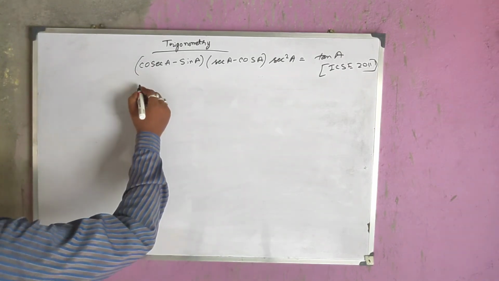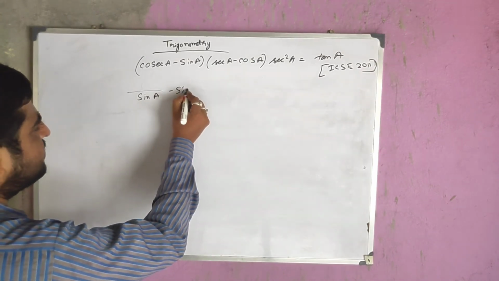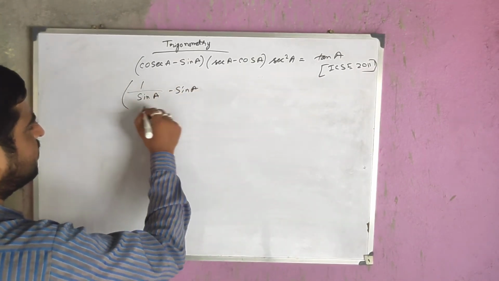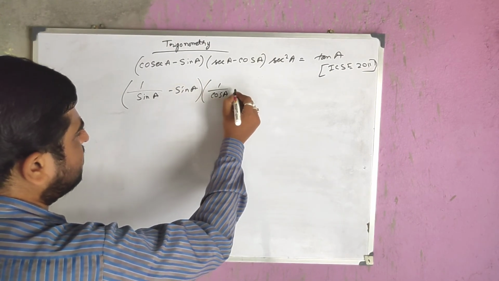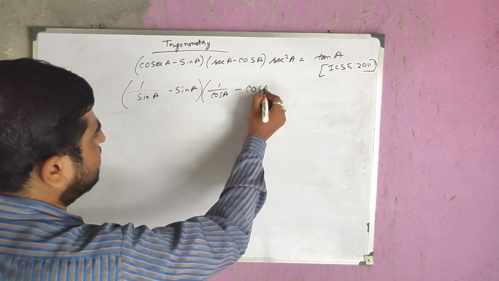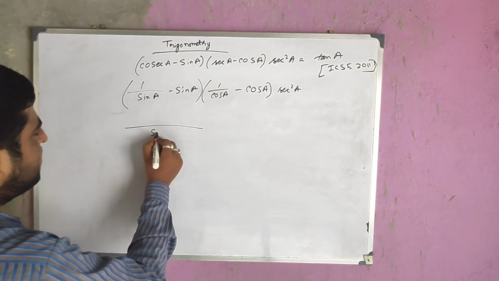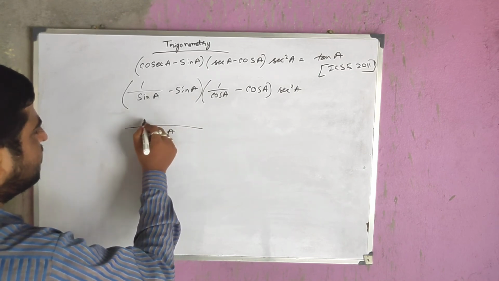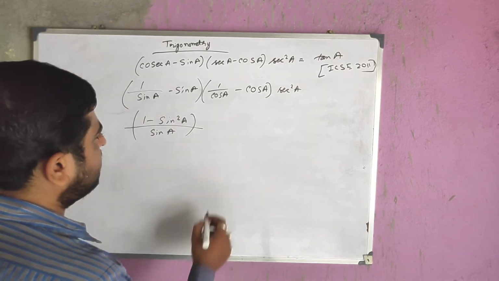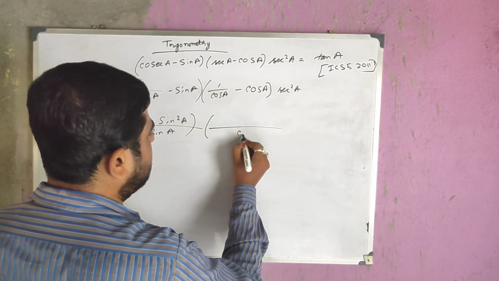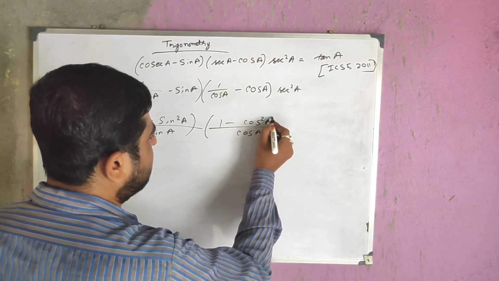So we can break cosec A as 1 by sin A minus sin A, sec A as 1 by cos A minus cos A, into sec squared A. So here the LCM will become sin A, so 1 minus sin squared A. Here the LCM will become cos A, so 1 minus cos squared A.